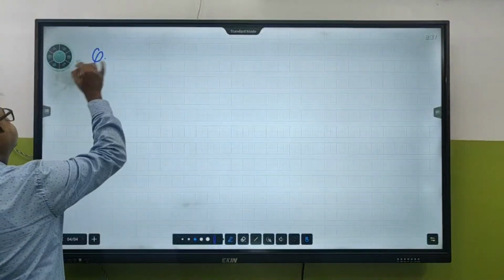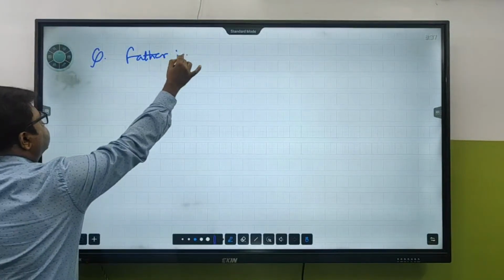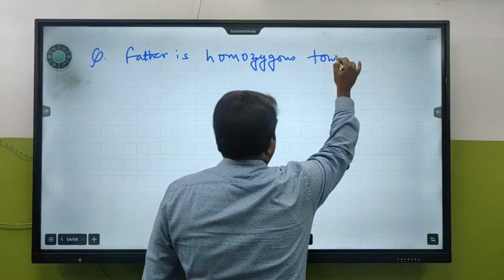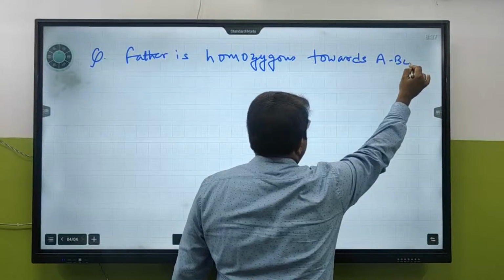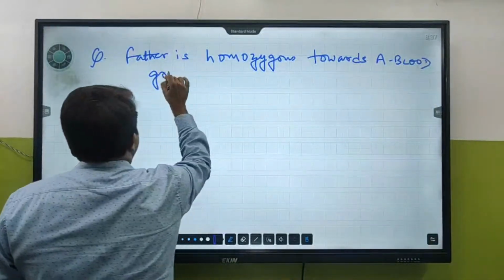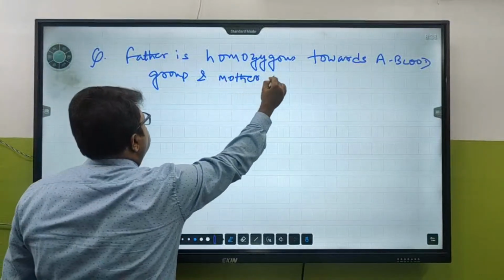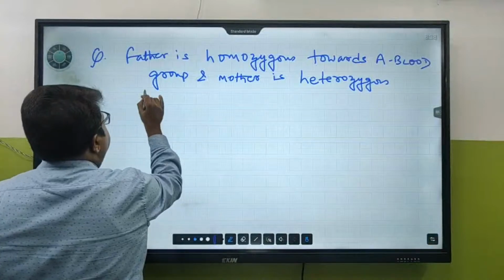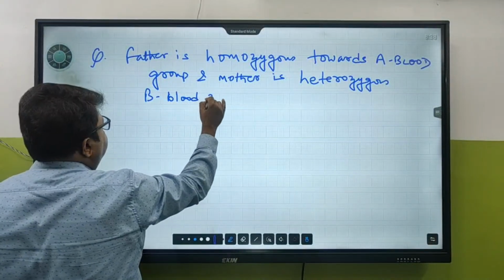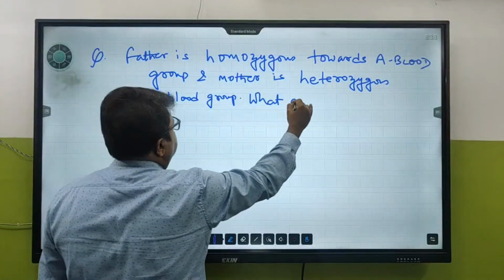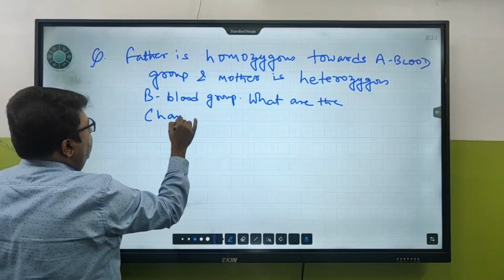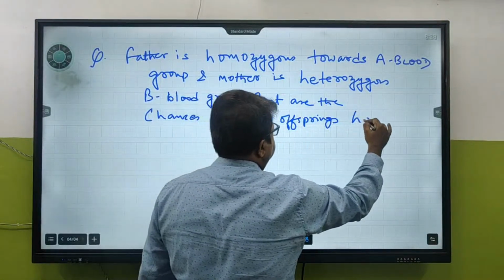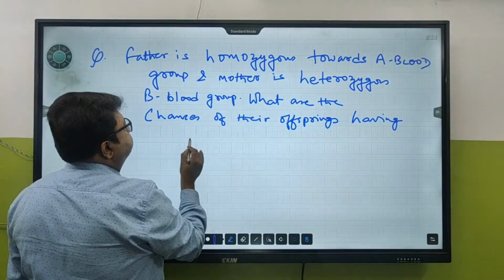If the question is like this: father is homozygous for A blood group, and mother is heterozygous for B blood group, what are the chances of their offsprings having O blood group?